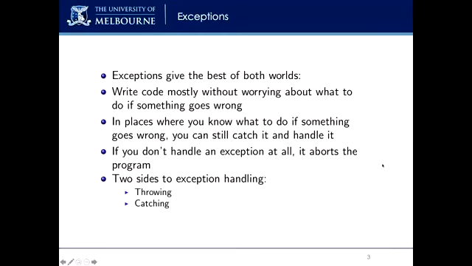In Java, we have the Exception class, which we use in mainly two ways. The two ways that we use exceptions are throwing and catching. Now, most people, if you've done Python or some other language, you'll be used to catching errors. So catching an error is quite a simple thing.